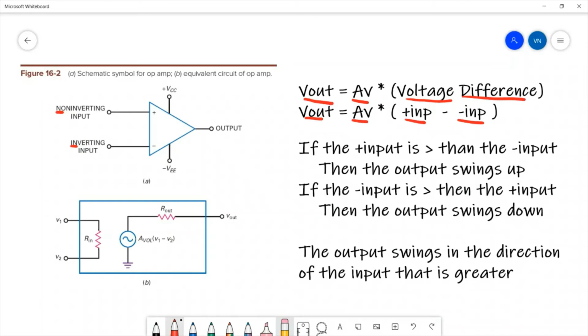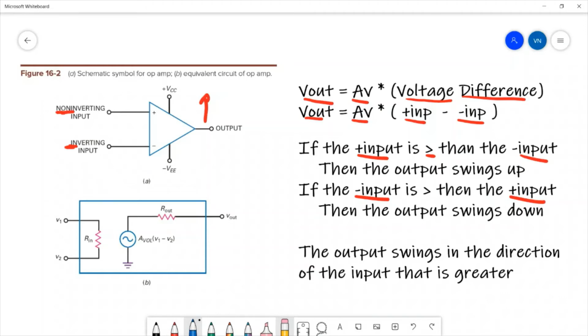So if the gain is really, really big, we can say that if the positive input is greater than the negative input, then the output voltage is going to swing up. On the flip side, if the negative input is greater than the positive input, then the output is going to go down.